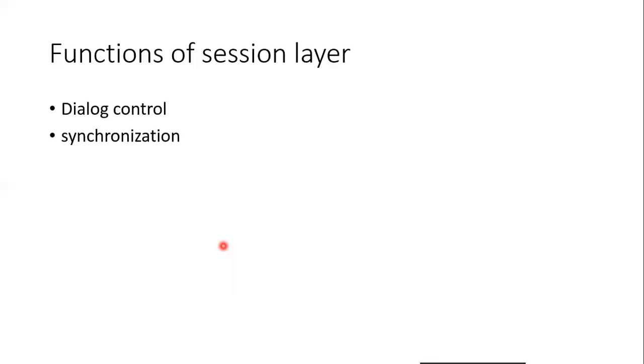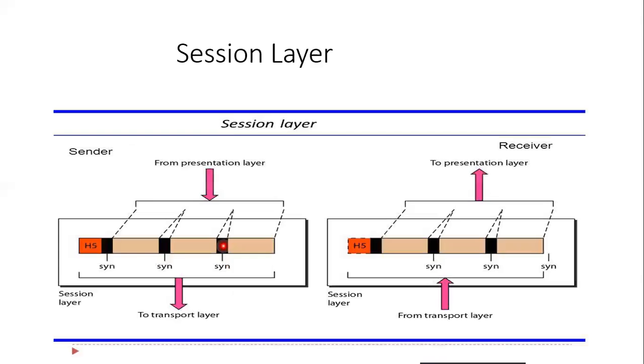Then we enter a checkpoint after every 100 pages to ensure that each 100-page unit is received and acknowledged independently. Suppose this is 100, 100, 100, and so on. For 2000 pages, we need 20 synchronization points, or checkpoints.